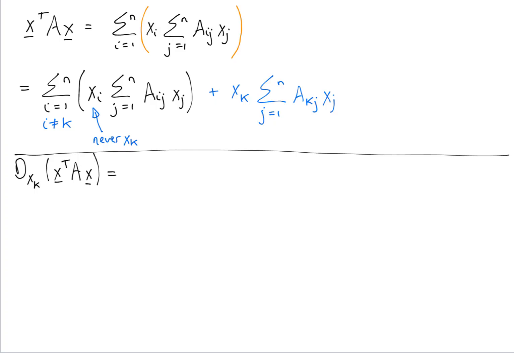So here we have the derivative with respect to x_k of this first expression here. But note, because of the way we broke up the sum, that this first x_i is never equal to x_k. So the only way an x_k appears in this expression is when it's this x_j in the case where j is equal to k.